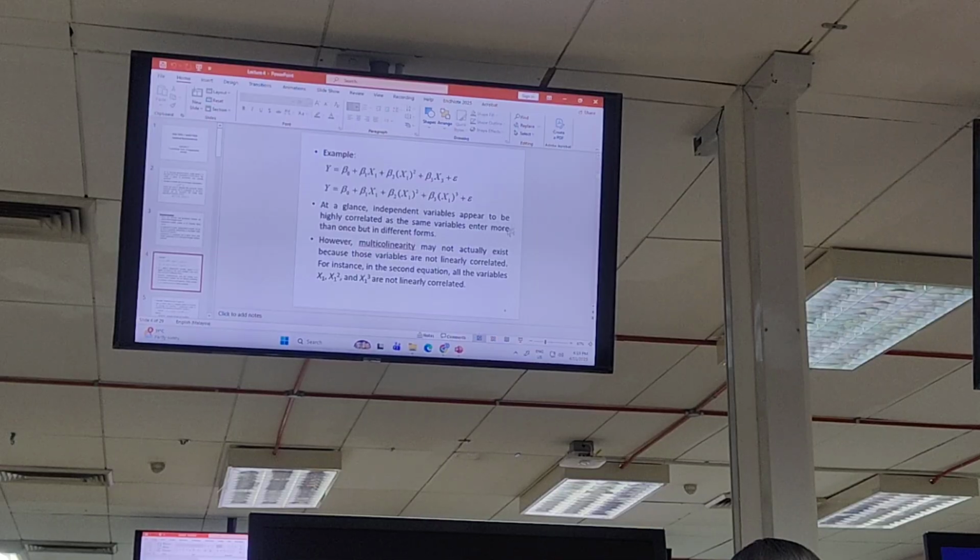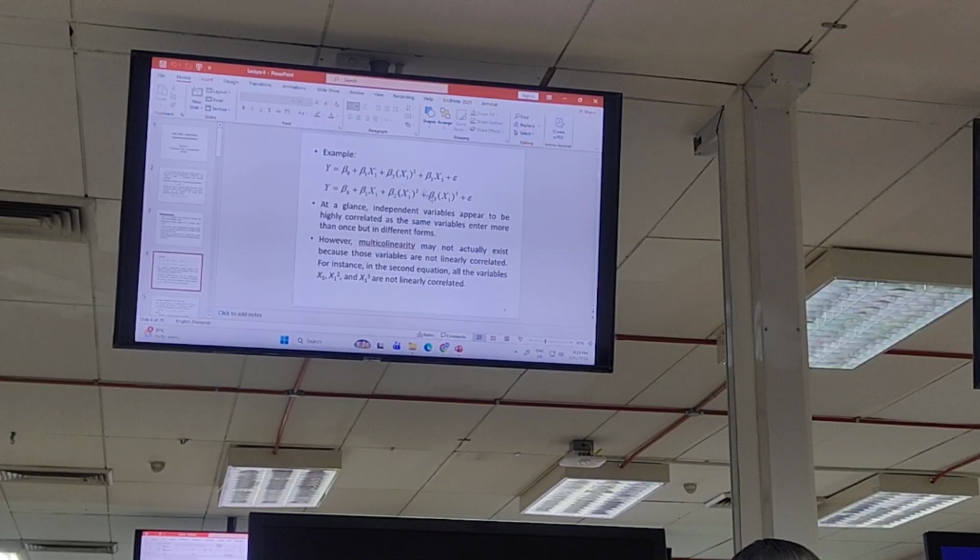But in this case, x1 appears again as the square of x1. Linear dependent means that x1 equals another x.